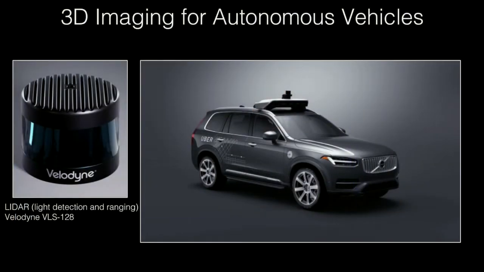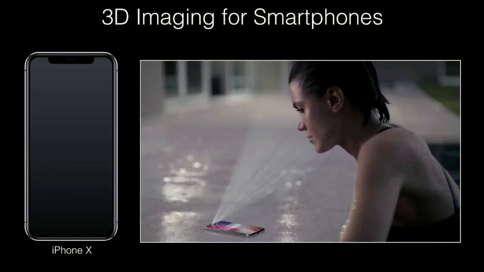And that may sound a little bit abstract, but a couple of intuitive examples include LiDAR systems, so active 3D imaging systems where you send a pulse of light into the scene, you kind of timestamp the returning photons, and with that technique you can build up a 3D image of your environment to help make more robust decisions, for example, in autonomous driving. Another example includes 3D imaging on smartphones.